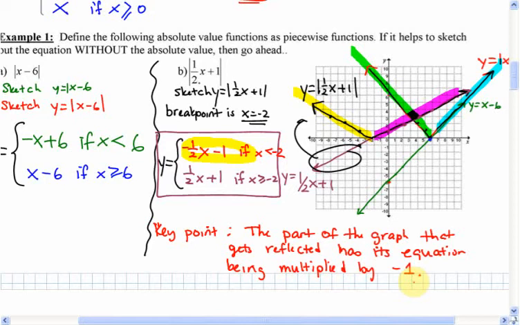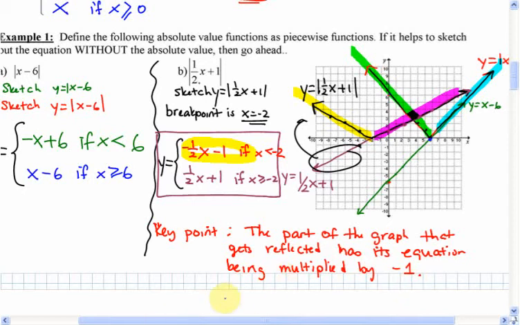Now, my last question to you is, how do we find this breakpoint? How do we find this value when it kind of turns and changes direction? Notice that the breakpoint for this one is negative 2, and the breakpoint for the first one is 6. Where do you see those numbers, or where do you see that coming from? Well, along the x-axis?